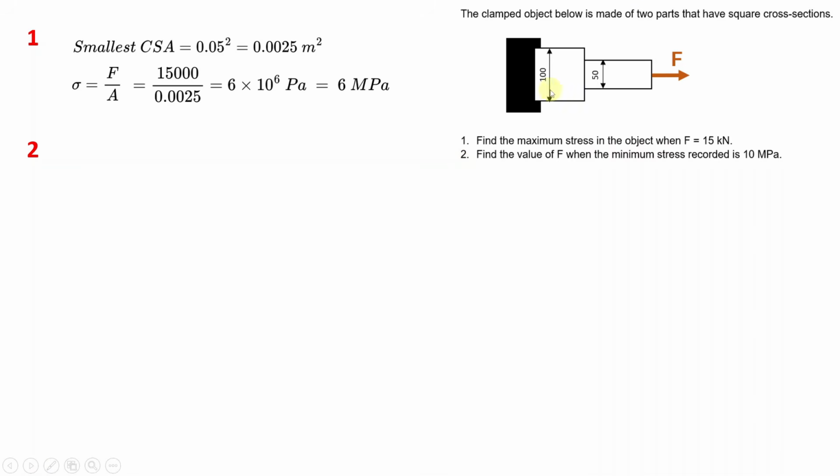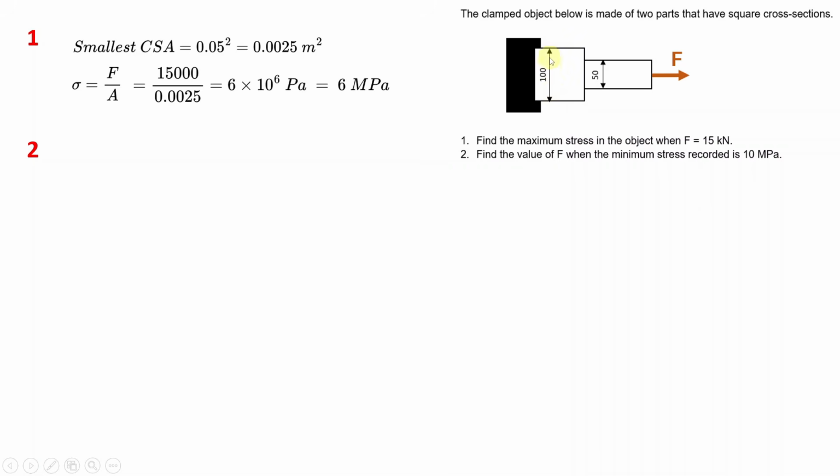Now, for this object, where is the minimum stress going to occur? The minimum stress is going to occur where you have the largest cross section, okay? The maximum stress occurs where you have the smallest cross section, but the minimum stress occurs where you have the largest cross section, which is here.